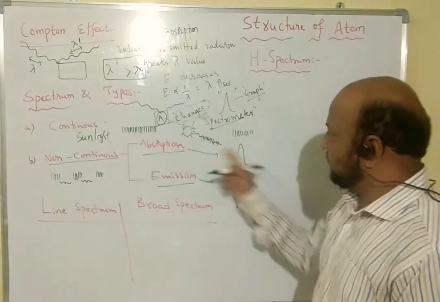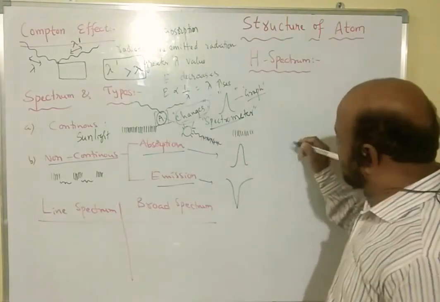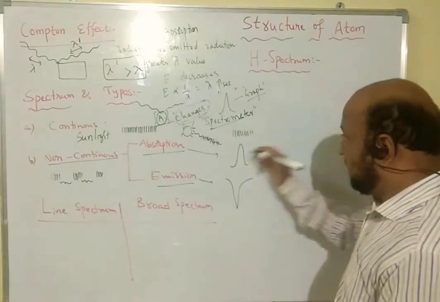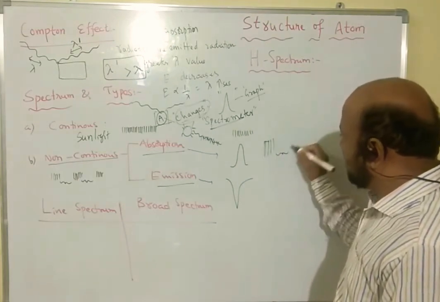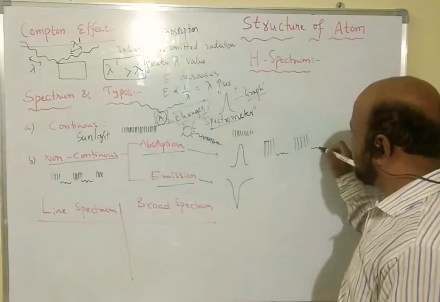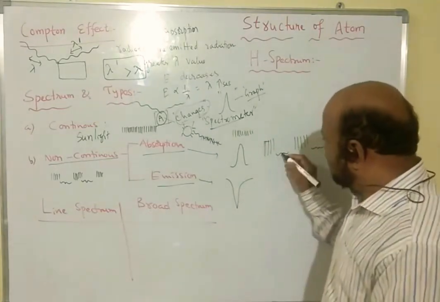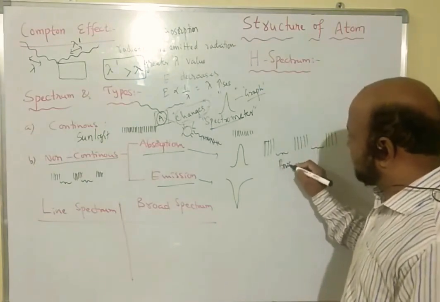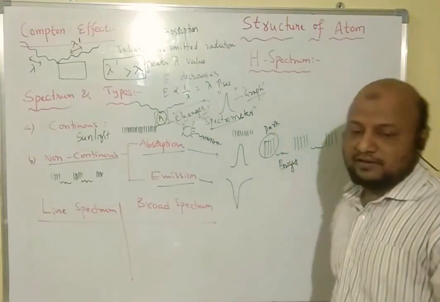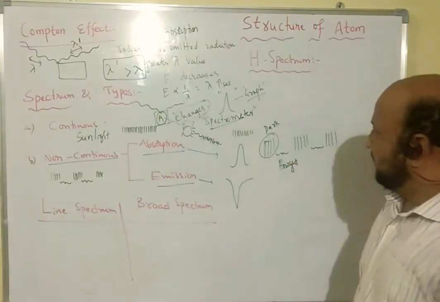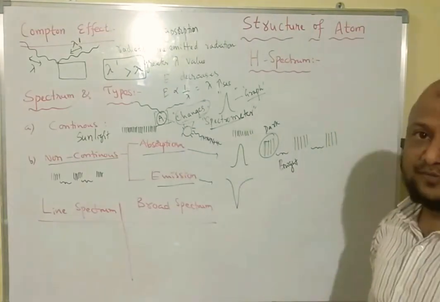In the absorption spectrum, bands appear, then some gap, then again bands, then some gap. The gap is bright and the lines are dark. Lines are dark and the background is bright. This is called the absorption spectrum.